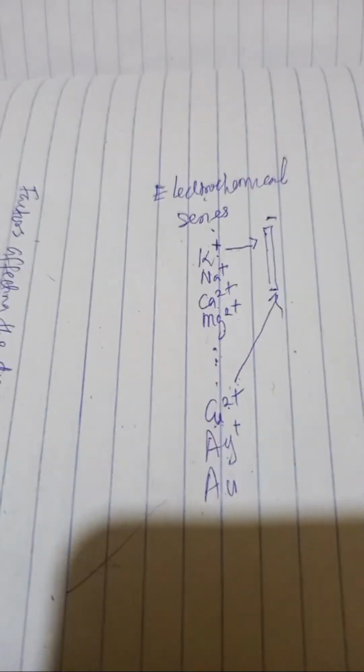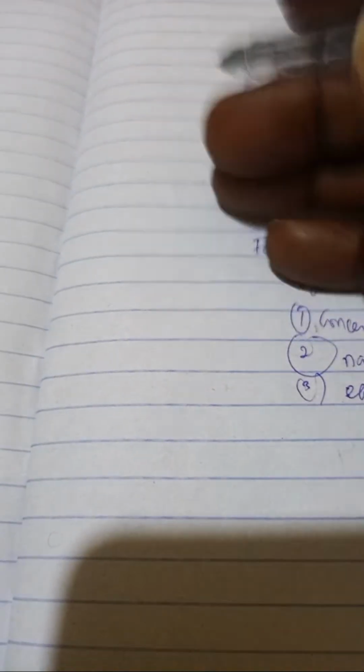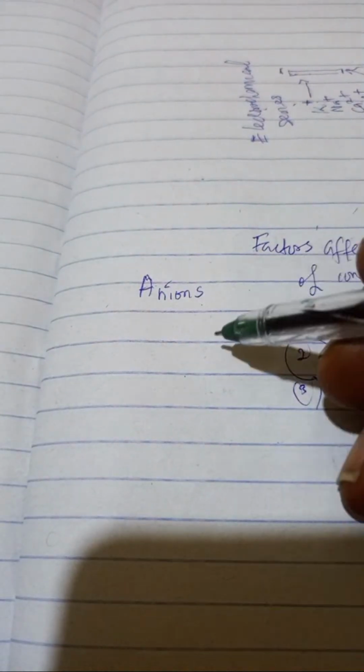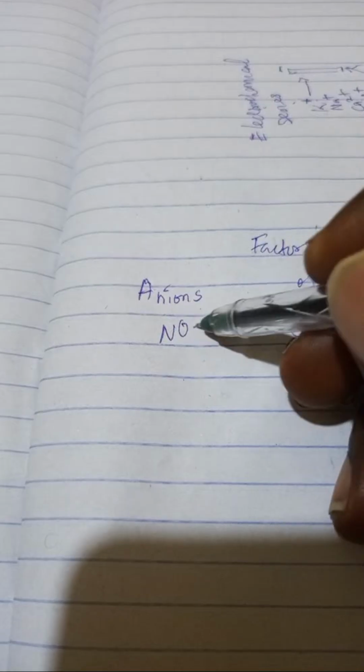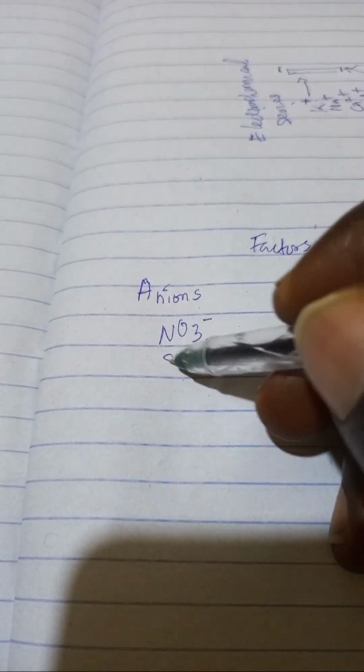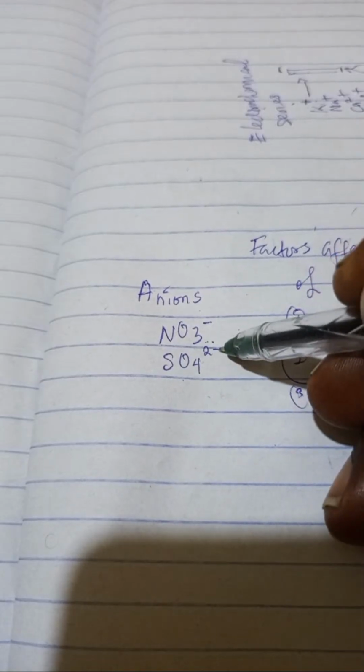Then let me explain the one for the negative ions. For anions, which one will be discharged? The arrangement is nitrate first, NO3 minus, the nitrate anion. Then you have SO4 2 minus, the sulfate anion.